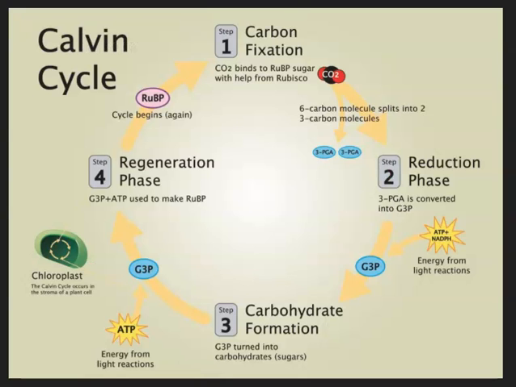As we look at a slightly more detailed example of the Calvin cycle, I want to introduce you to a molecule known as RuBP. RuBP is the molecule that is going to break apart our carbon dioxide, pulling the carbon off and then splitting into 2 3-carbon molecules.